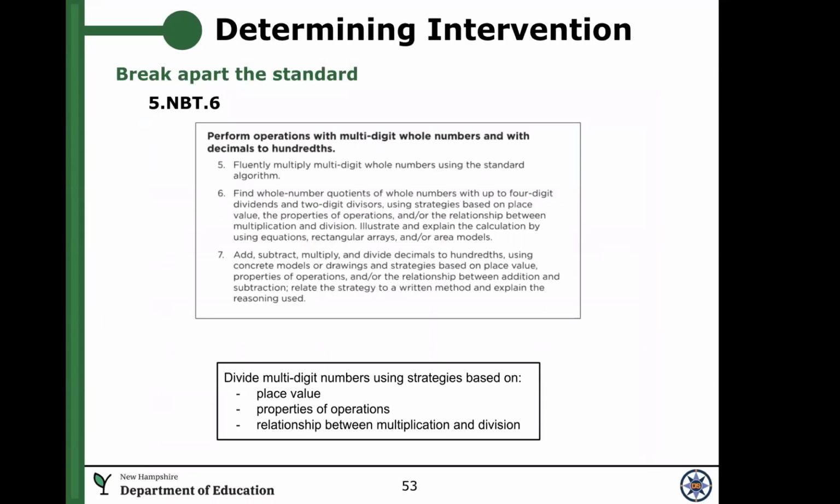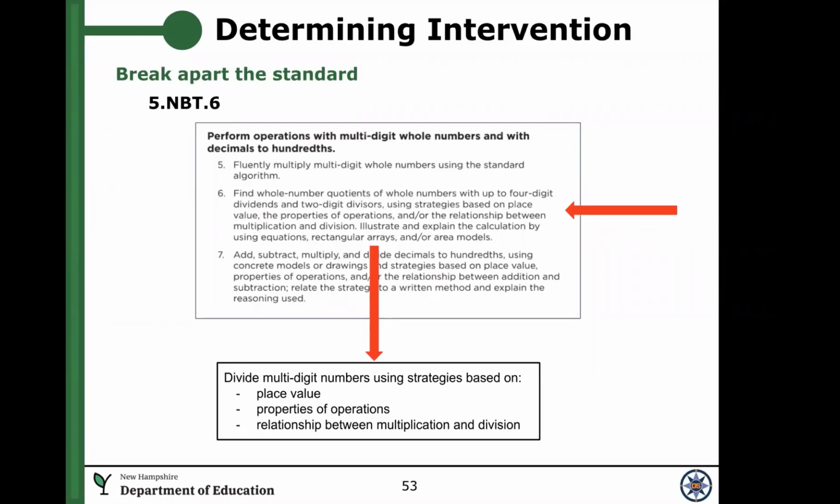So now that I have my standard, I need to break that apart when I'm determining my intervention, right? So I've got this here. Define the whole, this is my information here, my specific standard. And what I've done there is we've broken that standard down into a little bit more manageable piece, right? So now I've got divide multi-digit numbers using strategies based on place value, properties of operations, and the relationship between multiplication and division.